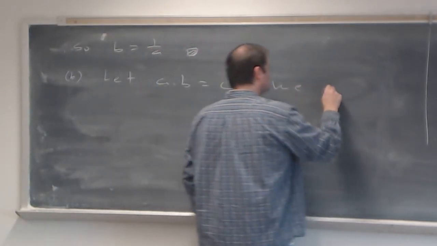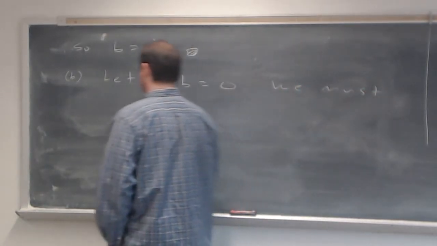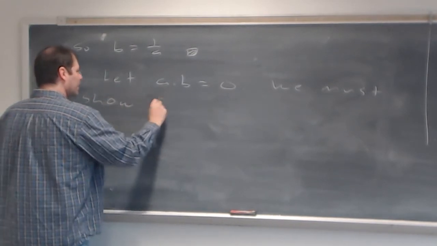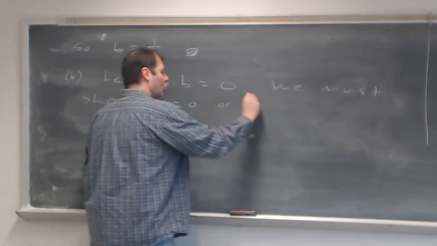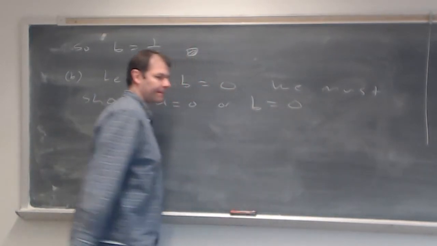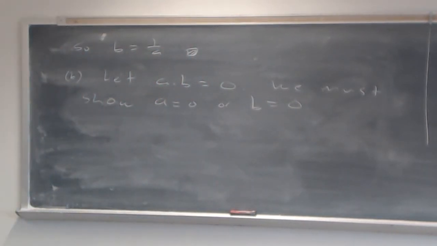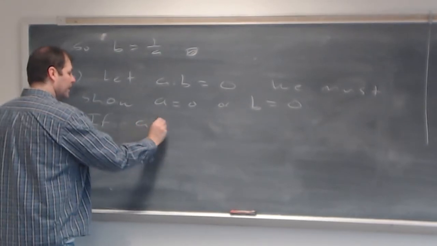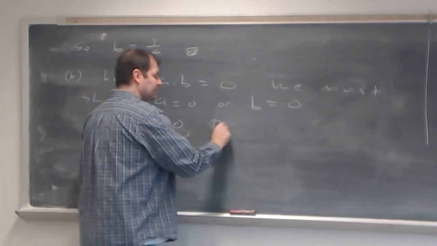We must show A equals 0 or B equals 0. By the way that the statement is written, we had a proving technique for such statements. It's one where we say, well, if A equals 0, it's kind of like cases on the conclusion. If A equals 0, then the statement is true.